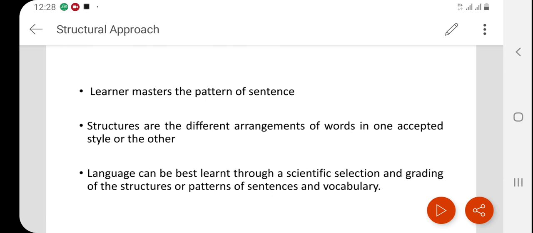We can make them with the simple words that the learners have learned. From those words we try to teach them the different structures. So do not be confused that vocabulary is completely missing in this approach. Without vocabulary we cannot make sentences. But the focus in this approach is completely on the structures and arrangement of the words in a way that they are understandable, they are easy, and there is no grammatical error.